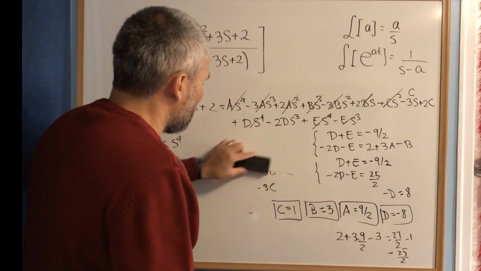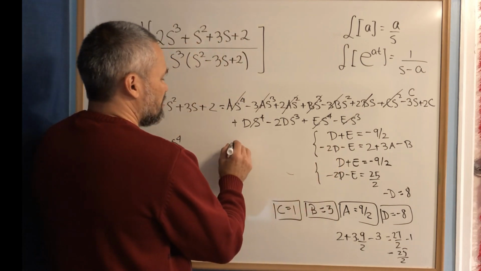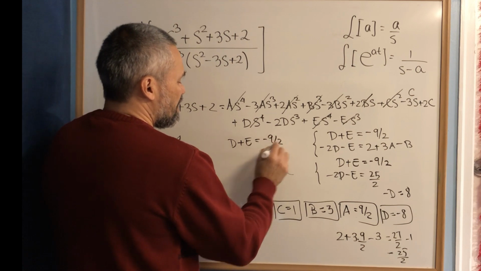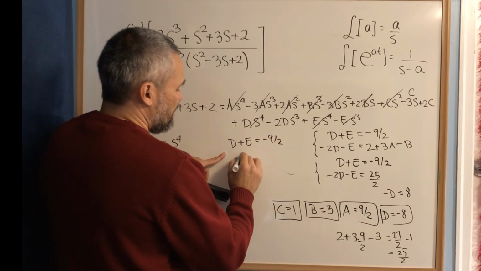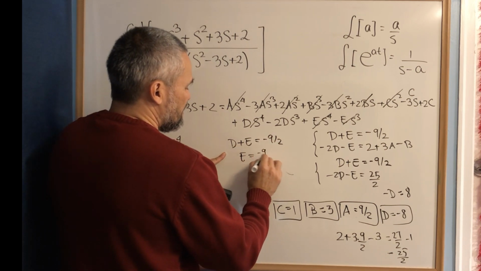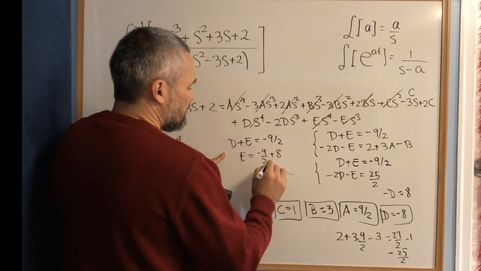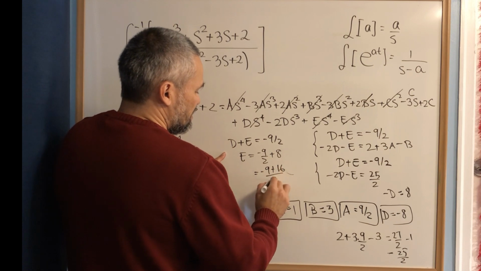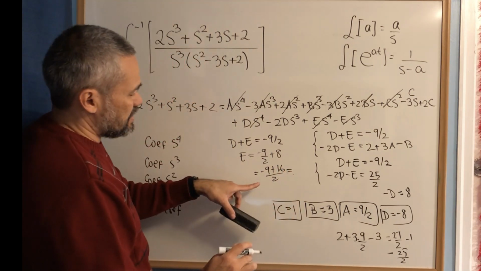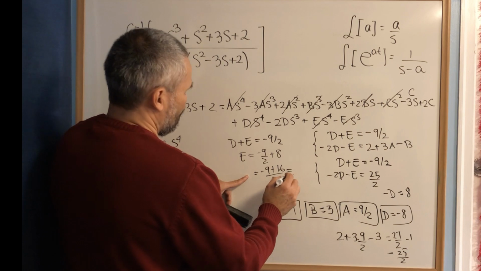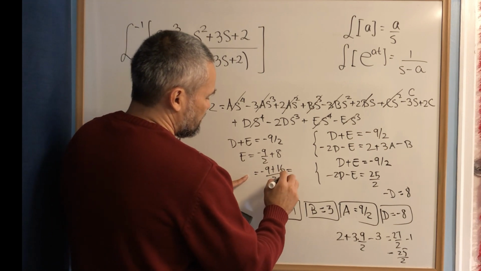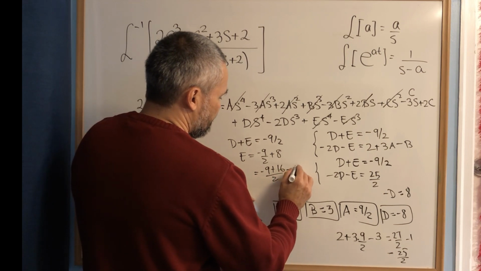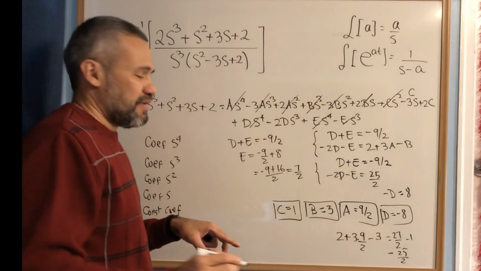How do we solve for e? We have that d plus e is negative 9/2. And we know that d is negative 8. That means that e is negative 9/2 plus 8. And this is negative 9 plus 16 over 2, which is 7/2.